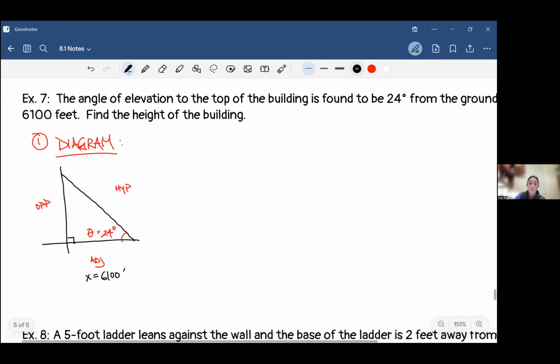Now, this question wants us to find the height of the building. This is the height of the building, so let's call that y. The only reason I'm calling it y is because it's kind of like the y-axis is going up and down, but you can use whatever letter you want. Okay, so choose our trig function.